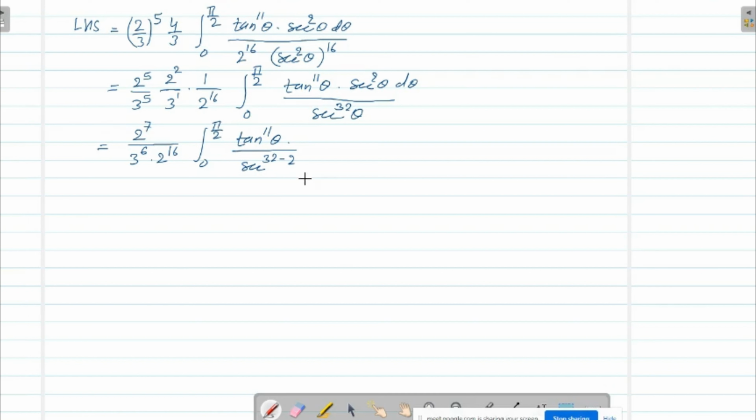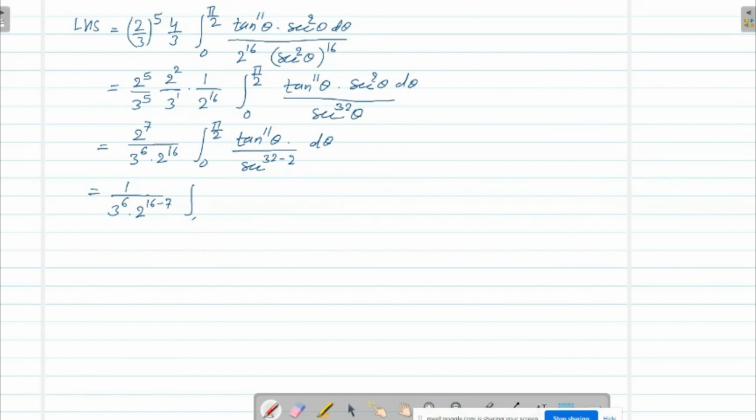Is there any change? d theta. No. Sir, won't you take sec 32 up? No, let us first take it down, and later we will see what to do next. So this is 1 upon 3 raised to 6 into 2 raised to 16 minus 7.